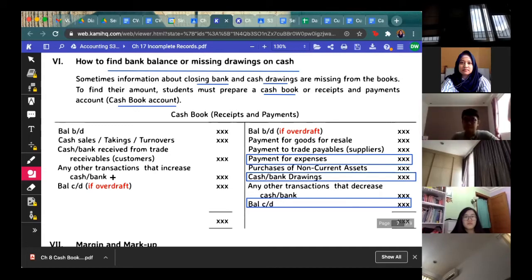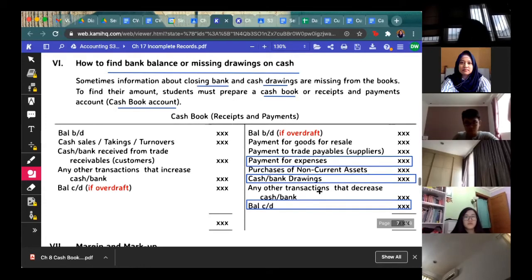I believe you know what kind of transactions increase cash and bank. And then on the credit side, you will see bank overdraft BD, if it is an overdraft. You see payment for goods for resale, payments to trade payables, payments for expenses, purchase of non-current assets, drawings, or maybe any other transactions that decrease cash or bank.